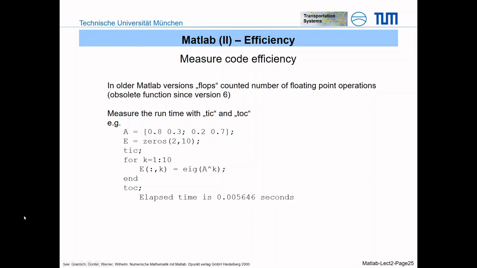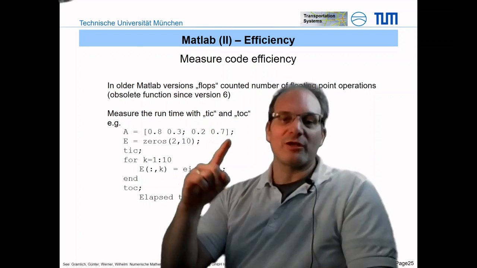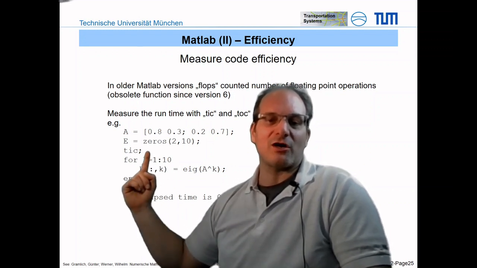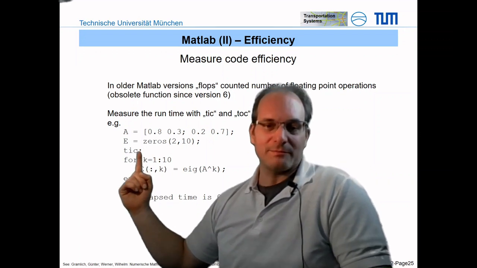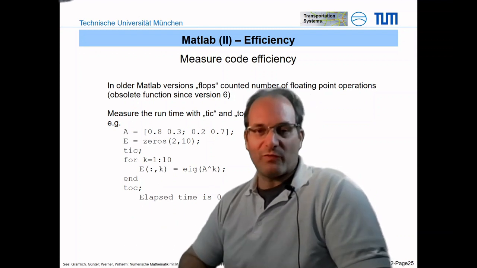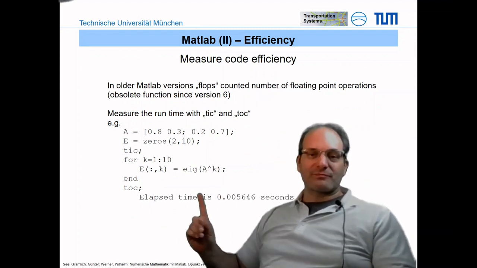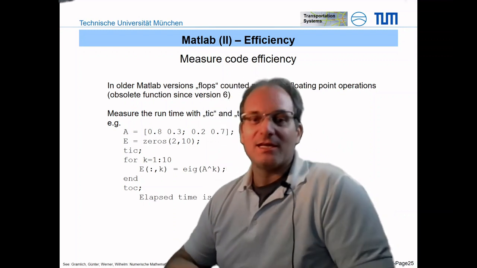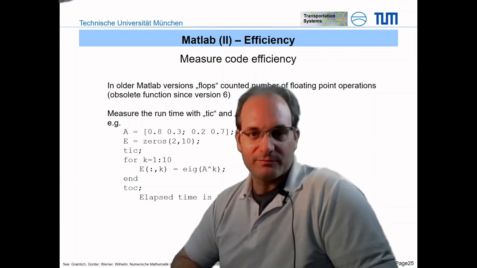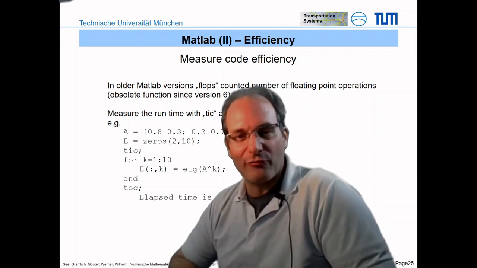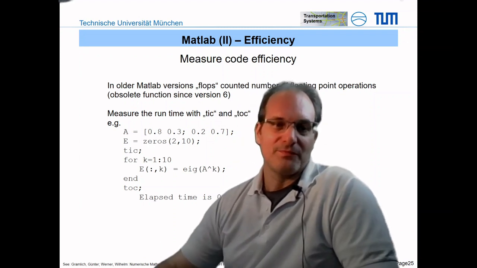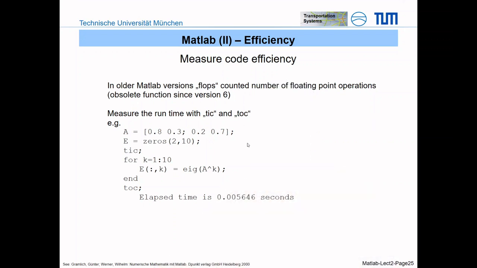You set a starting time event in front of the commands you want to measure. Tick starts the stopwatch, and tock stops the stopwatch, and then it will print out the number of seconds these commands required. With this you can measure the different sections of your code to get a feeling of how fast the sections are. So let's do it for different versions.